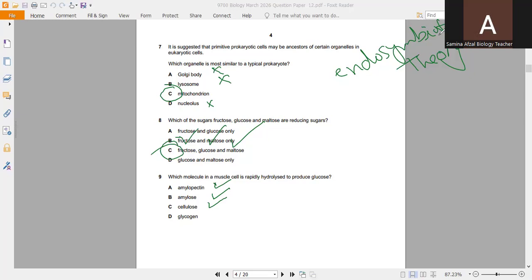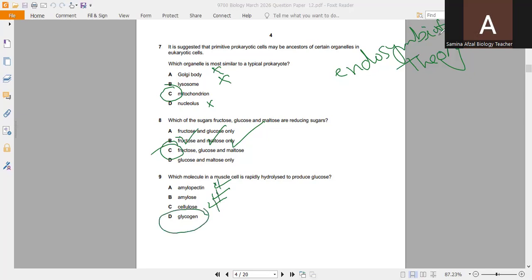Only glycogen is the primary storage polysaccharide found in animal cells, heavily concentrated in liver and skeletal muscle tissues. It is highly branched, even more than amylopectin, containing numerous terminal ends that enzymes can rapidly target for hydrolysis to release glucose monomers whenever energy is needed during muscle contraction. Amylose makes up plant starch while cellulose forms the plant cell wall. So amylopectin, amylose and cellulose are not the correct options.